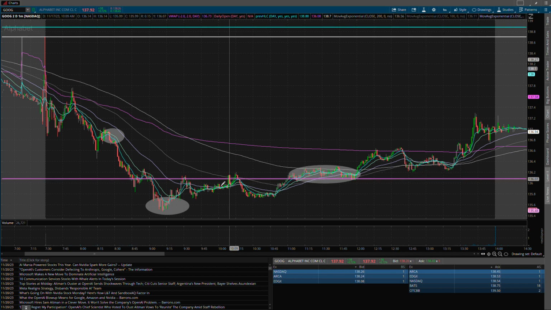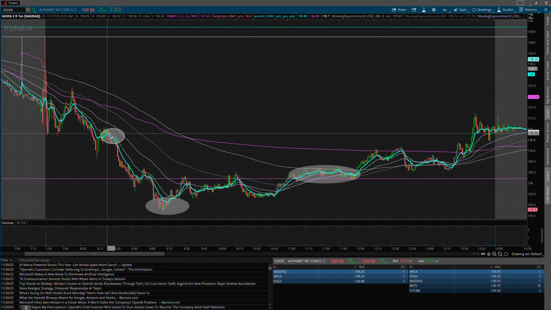So there's three types that are described here. Okay, continuation based on this trend. So that would be a dip. Okay, minor reversal, right?